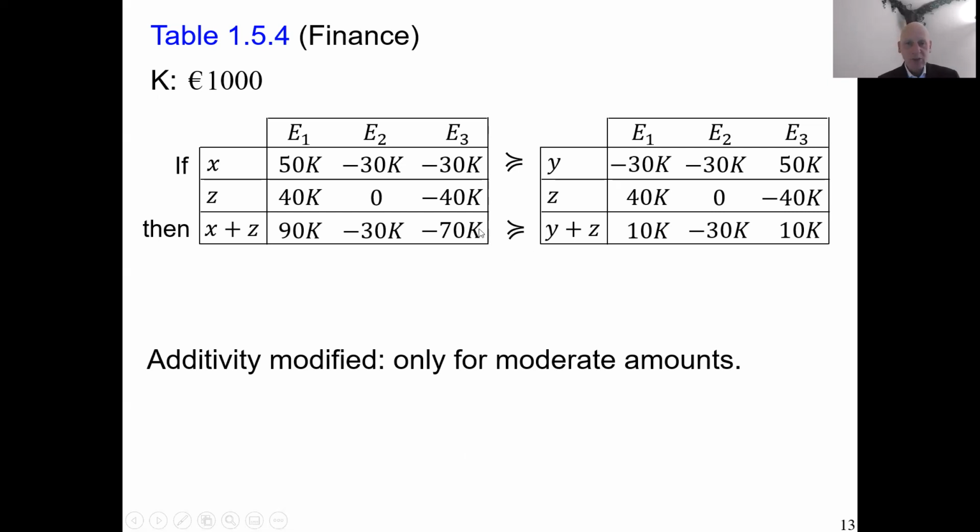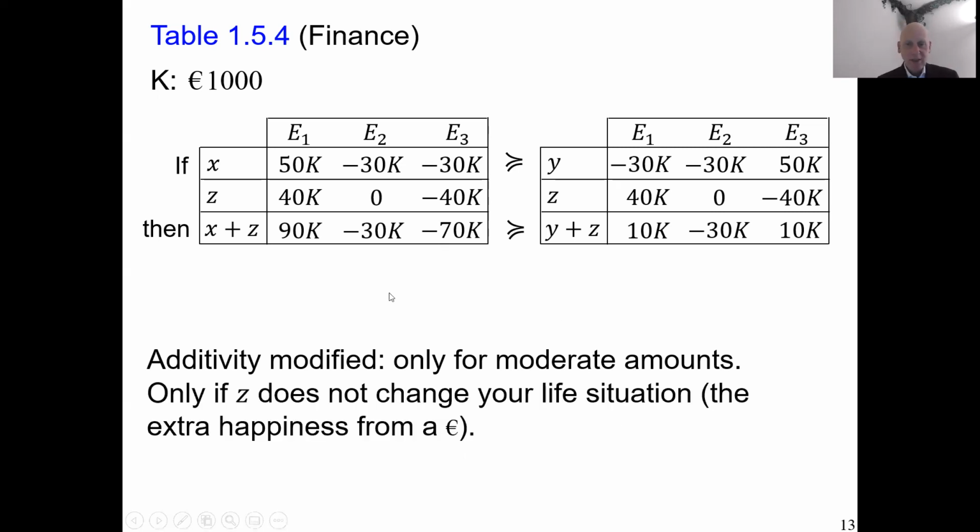Here there are very extreme amounts of money that can bring about ruin. So that's too extreme. Maybe in more words, if that extra payment Z does not change your life situation, of course you get some money more or less, but it doesn't really change your way of living, it's not a big life changer. So, in more theoretical terms, the marginal utility of money should not change.